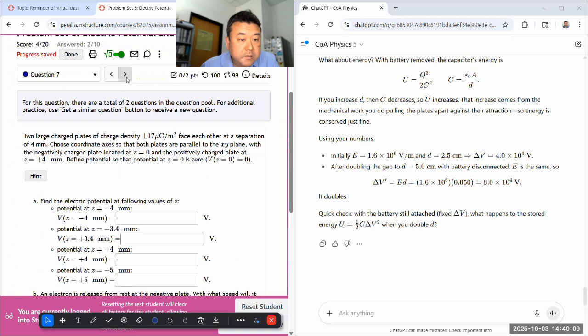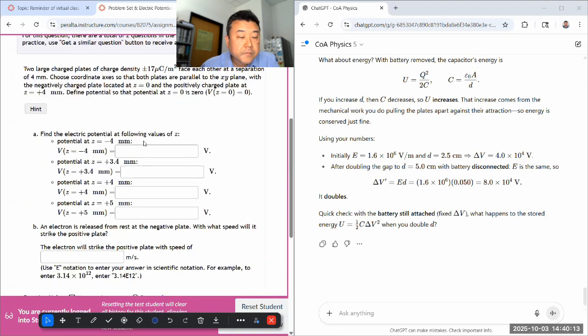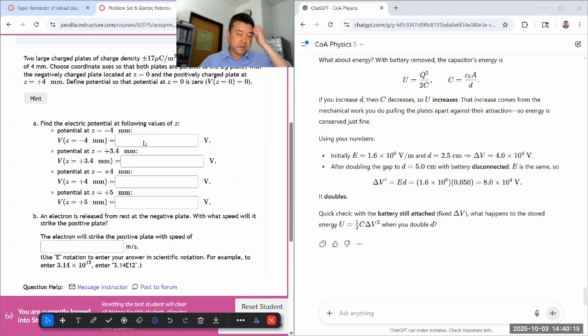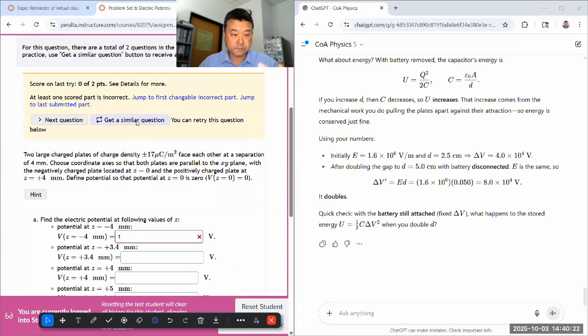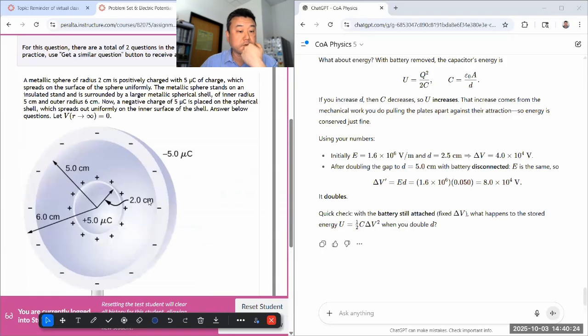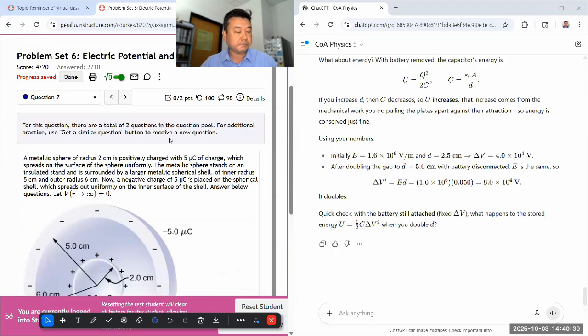It's possible that the other question on that is the spherical geometry. So let me do this. I'm just gonna make an attempt so that this button pops up. Let me get a similar question. Yeah, so there is a question that involves the spherical geometry. It's just one of the 2.